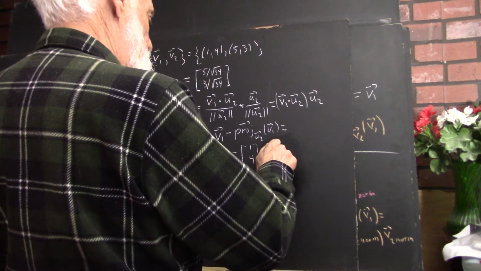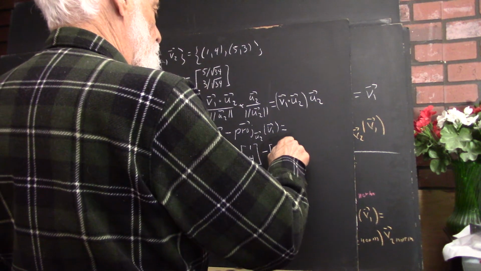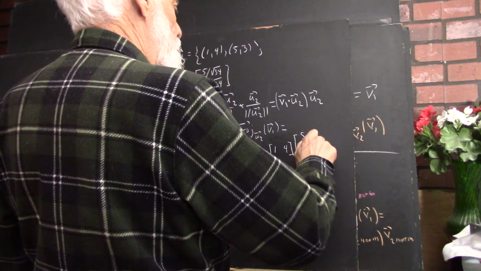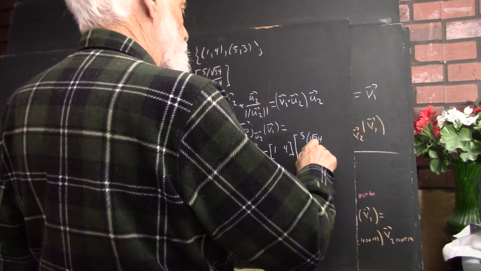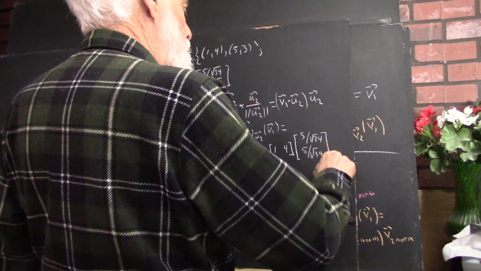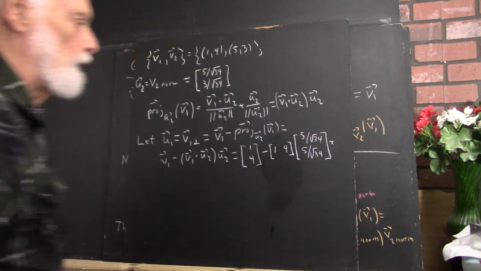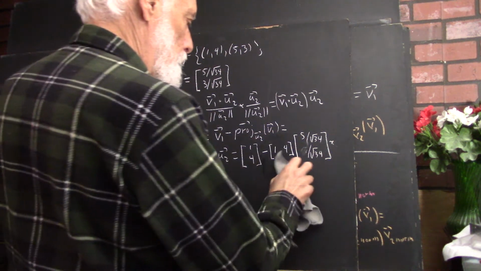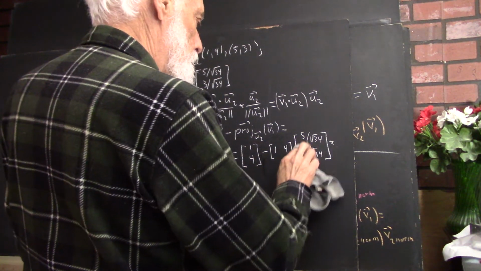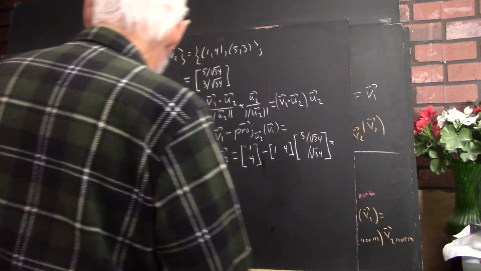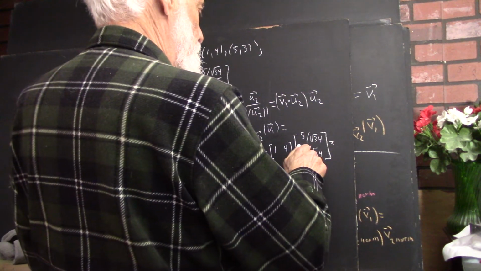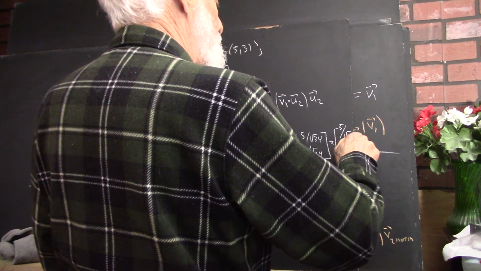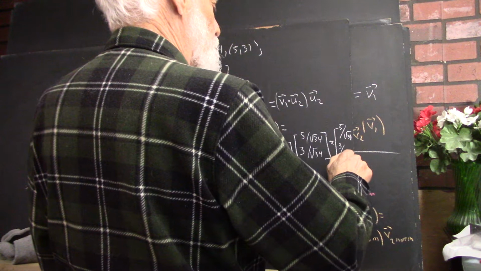It's going to be minus (1, 4) multiplied by (5 over the square root of 34, 3 over the square root of 34), times the (5 over square root of 34, 3 over the square root of 34).